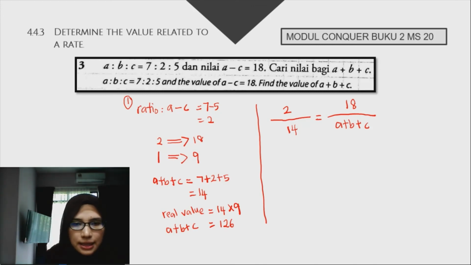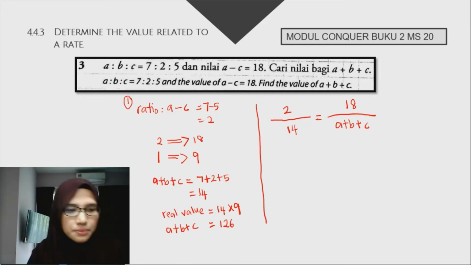And only then I multiply my total ratio 14 by my comparing value 9. So that is my answer, a plus b plus c, 126. Whatever calculation you are using, when you're writing down your calculation, you must write it down correctly, properly. So this one, I don't continue. You can know what to do next.